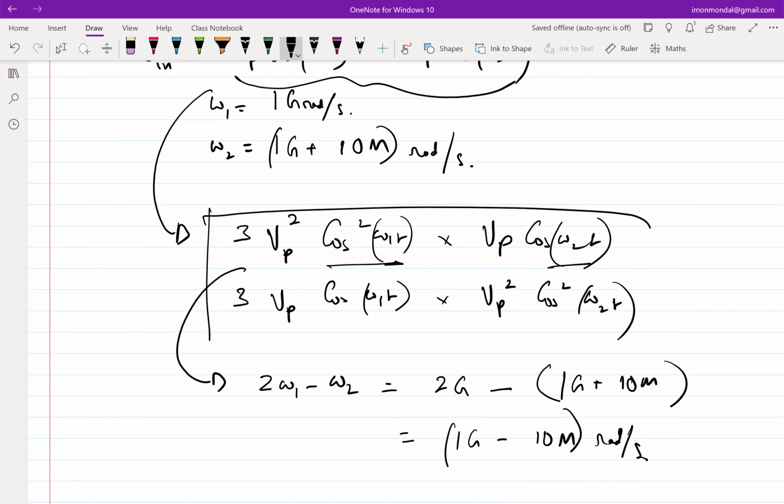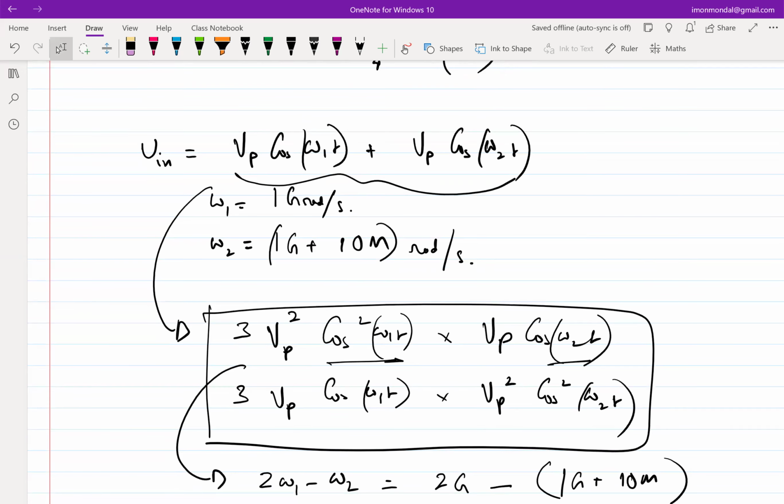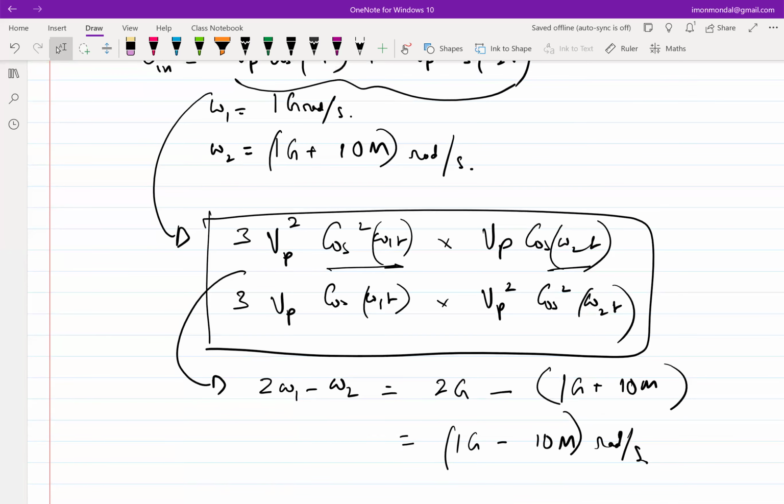These two components are there because you have that cubic nonlinearity. Because of this cubic nonlinearity, you are seeing an additional tone which was not supposed to be there. The presence of that tone is a testament to the fact that your device is nonlinear.